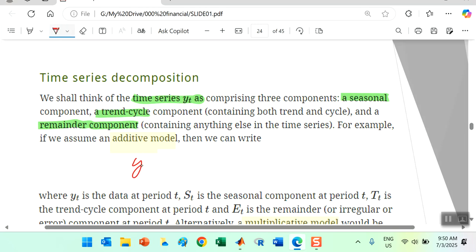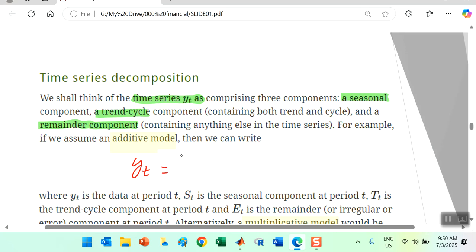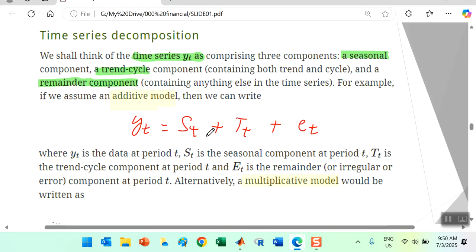For example, Yt is equal to the seasonality plus the trend plus the remainder component. Let's say you put epsilon t or et in this case. This is in the addition form. Therefore, we have an additive model.